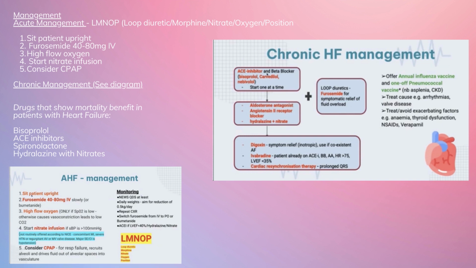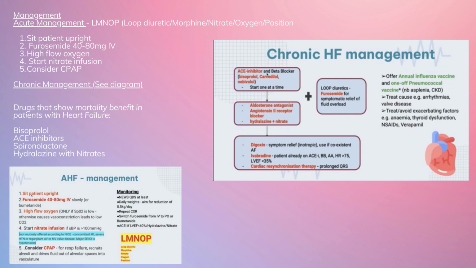If they're Afro-Caribbean, then you want to prioritize giving the patient hydralazine and nitrates, and combine that with a loop diuretic such as furosemide, which will help to provide symptomatic relief by reducing some of that edema and fluid overload.